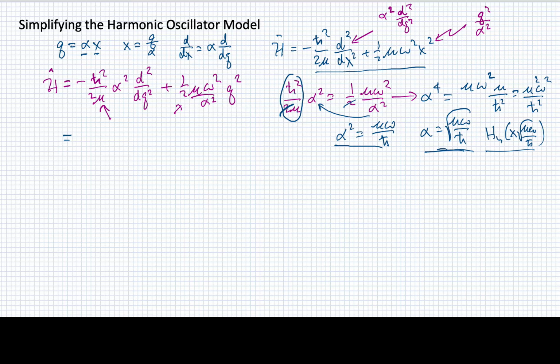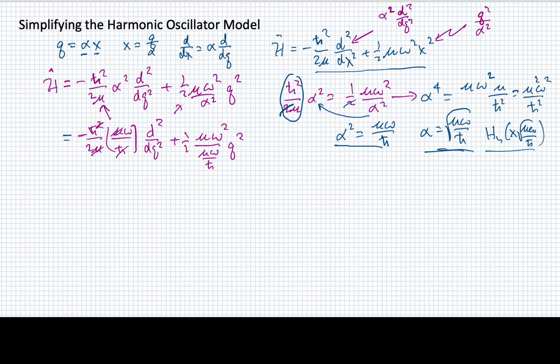So let me write that out. So I'll have negative h bar squared over 2 mu times alpha squared, that's mu omega over h bar, and this is times d squared/dq squared. And then I'll have 1/2 mu omega squared over alpha squared, so divided by mu omega over h bar, and this is times q squared. So now when I work all this out, the mu's are going to cancel here.